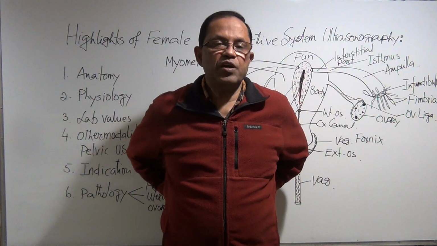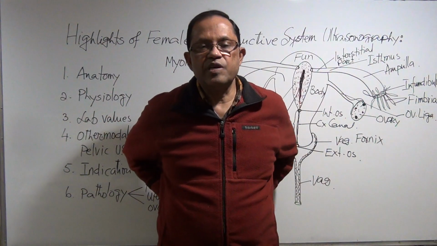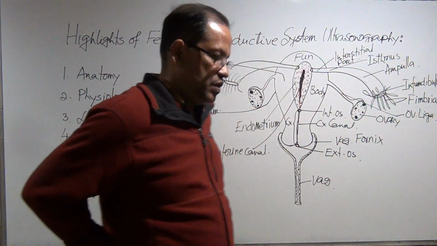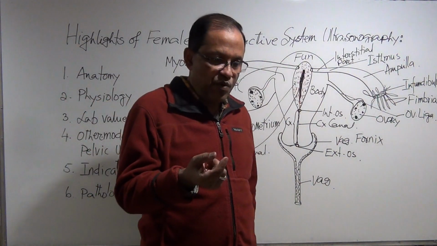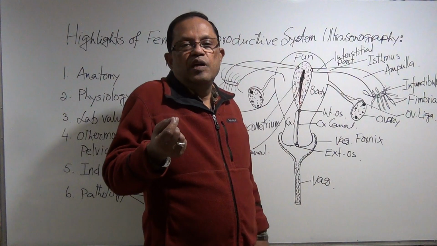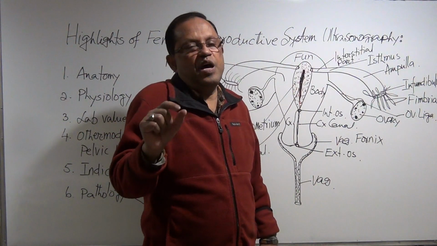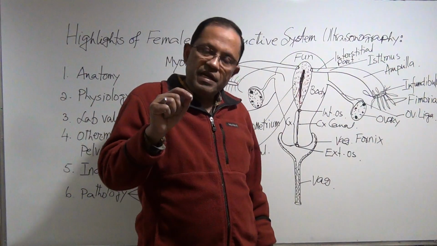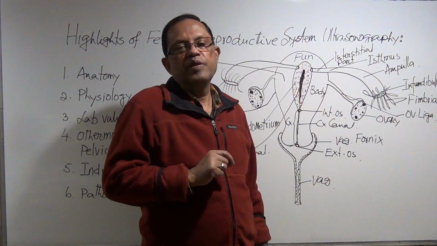There are two sacroiliac joints, on the right side and on the left side, between the sacrum and the iliac part of the hip bone. And the coccyx is at the tip of the sacrum. Coccyx has four small vertebrae, most of the time fused together and attached to the tip of the sacrum.